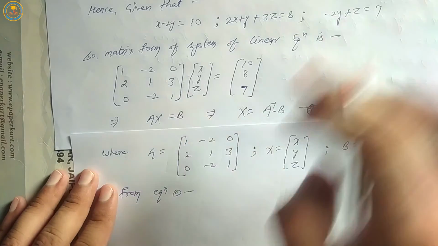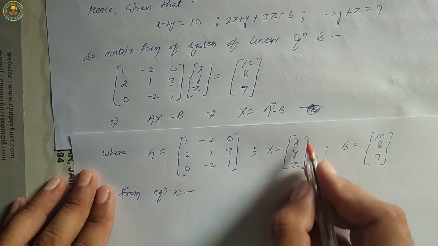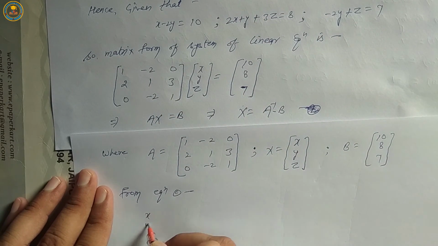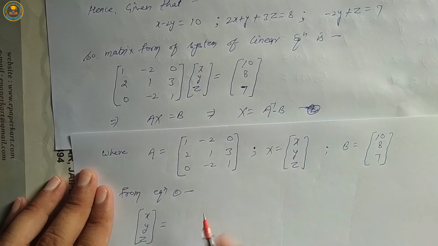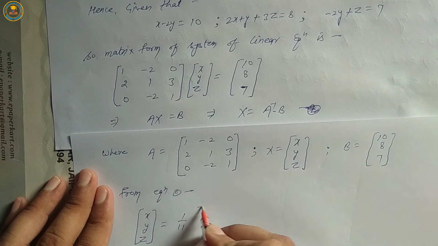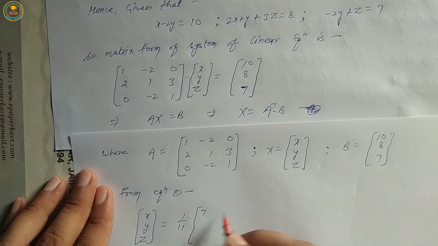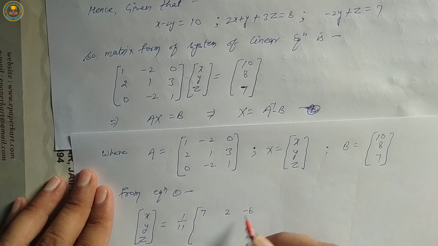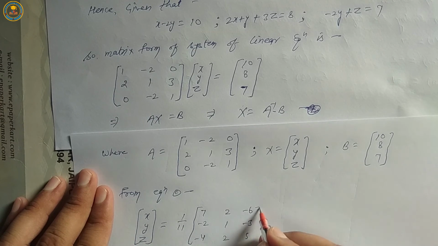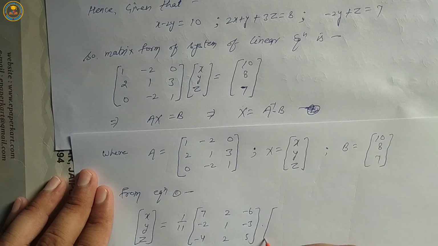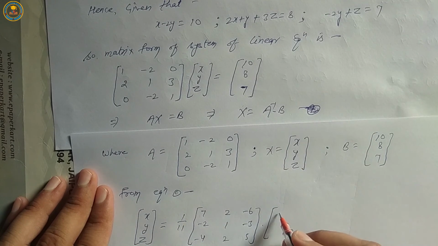Okay, X is equal to x y z, is equal to A inverse, which is 1 upon 11 into 7 2 -6, -2 1 -3, -4 2 5, into matrix B, 10 8 7.